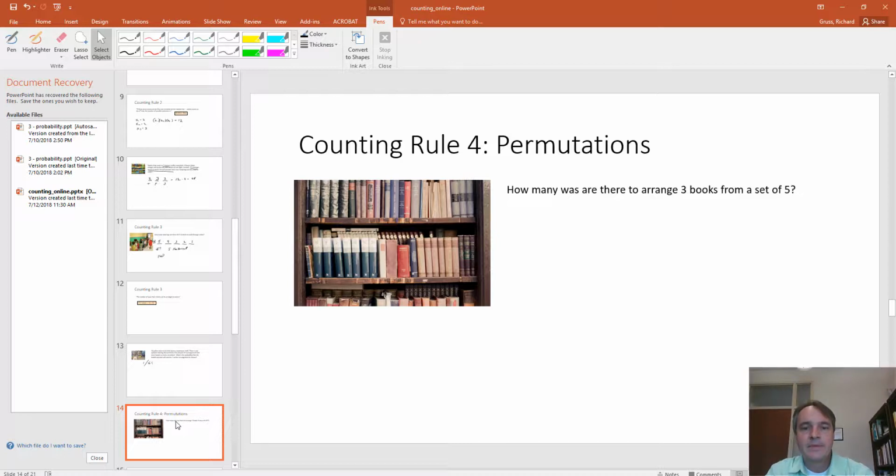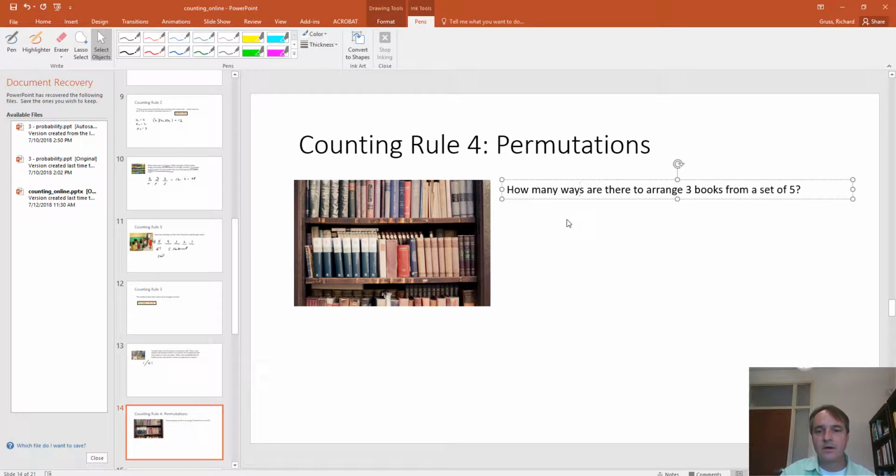So counting rule number 4 teaches you how to answer the question, how many ways are there to arrange 3 books from a set of 5? If this were just rearranging 5, we already know how to do that. That's 5 factorial. But this is asking us to first select 3 and then to arrange them, and how many different ways are there to do that?